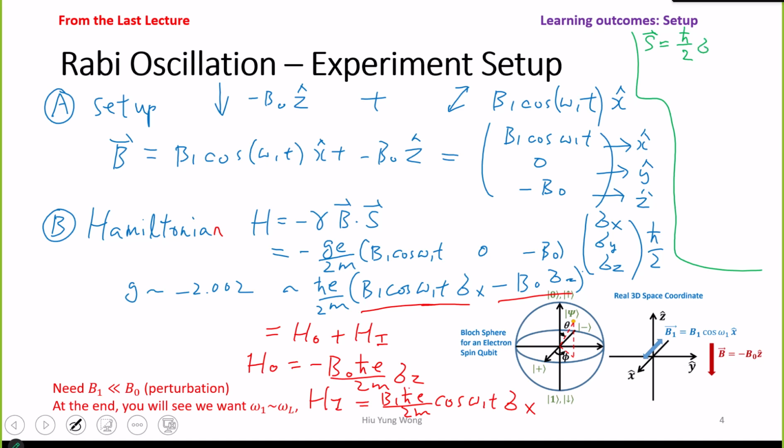And then all you need to do is add this Pauli vector, right? What is the Pauli vector? Do you remember? In the column vector it is sigma x, sigma y, sigma z, right?